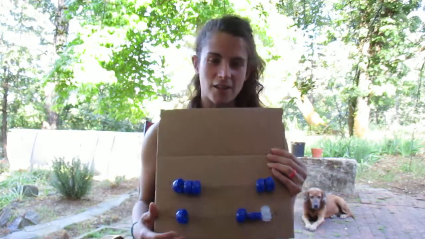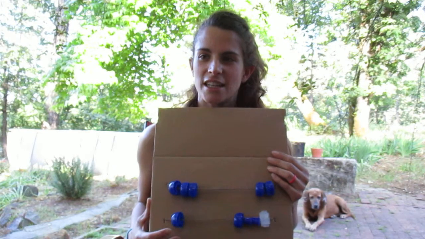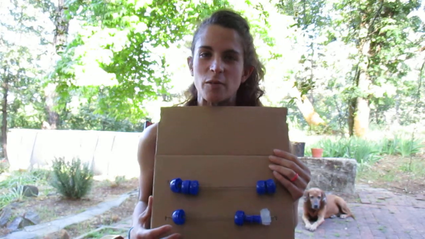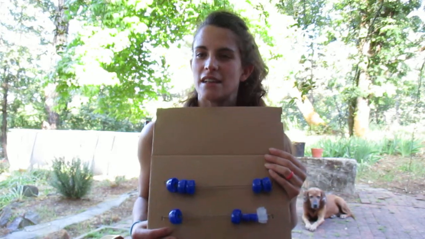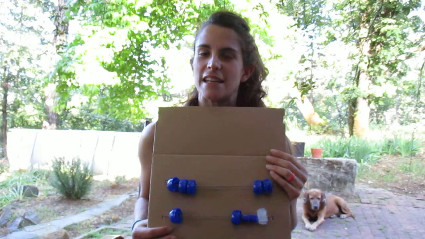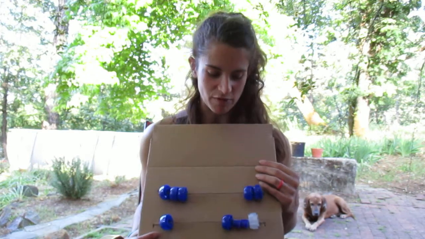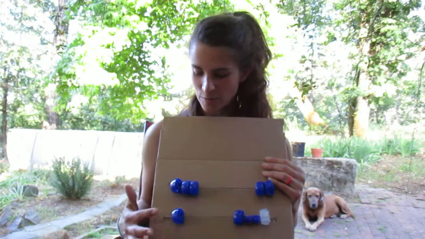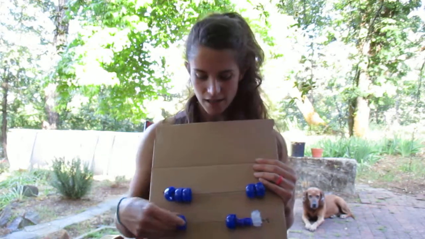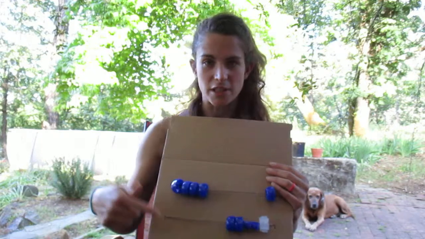This is a good concrete representation so students can explore different ways to make numbers. And they can understand that a number is made up of different units. So 1 plus 3 is 4. 4 plus 0 is 4.